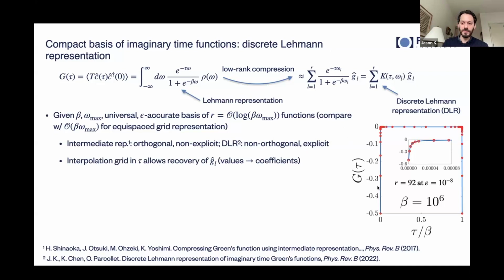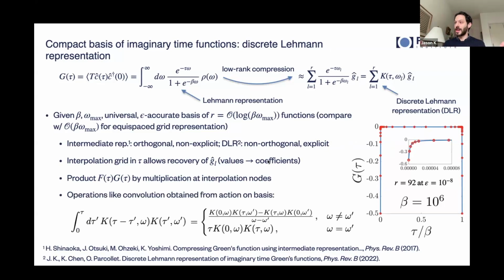There's also an interpolation grid, which allows us to recover these coefficients GL from samples of G at the interpolation nodes, which are here. If we want to compute, for example, products of imaginary time functions, we can do that by just multiplying their values on this grid and then forming the expansion by interpolation.